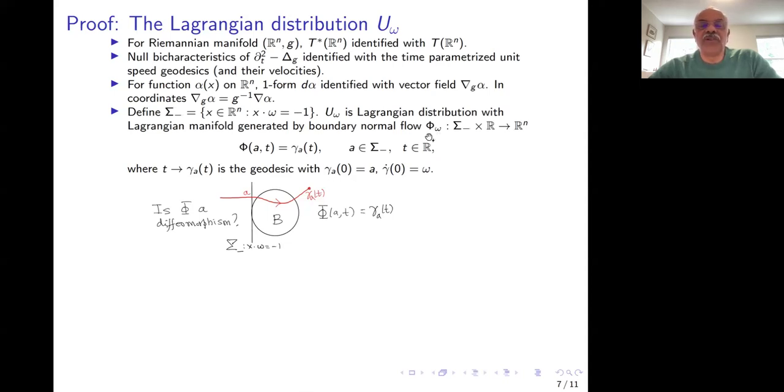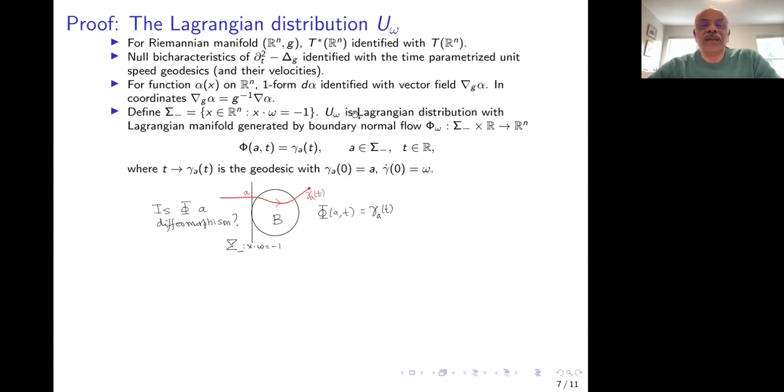So you have this boundary normal flow of geodesics, which is a map from this hyperplane times R to R^n, where phi(A,t) is the position of the geodesic at time t, where A is a point on this hyperplane x dot omega equals -1 and t is in R. This is the geodesic starting at A with velocity omega, which means perpendicular.